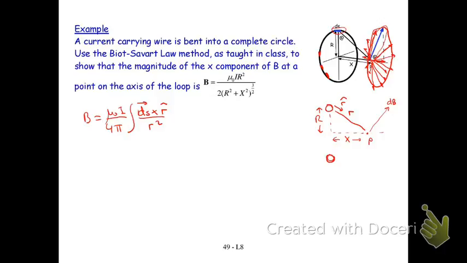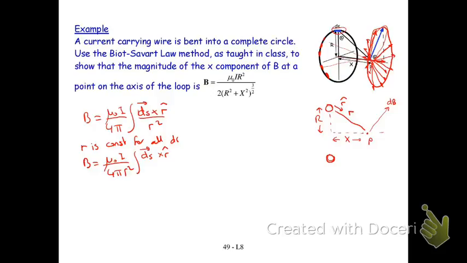So, okay, here's the thing. R is constant for all the ds's. Can you see, for every one of these, it's the same distance? It might be at a different angle, but it's the same distance because it's on the axis. So B is equal to mu naught I over 4 pi r squared times the integral of ds cross r hat.